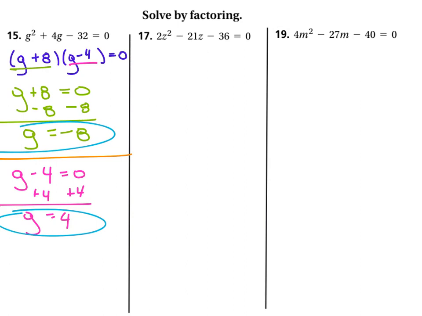And so we know that in our original, and I'm just going to do this once. Actually, I'm going to write it over here on number 17. I'm just going to do this once so you see it in action, and then you can test it out for the rest of them. But I'm going to write over here on the side the original expression, g squared plus 4g minus 32, and it says it's equal to 0.